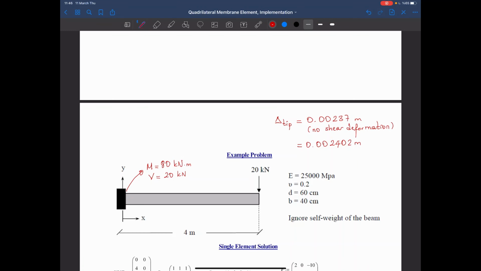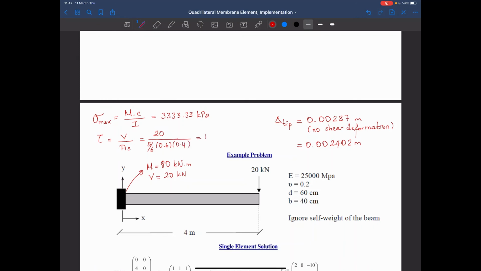So at that support, if I calculate the stress, the axial stress is equal to Mc over I. You calculate the I, and then from that we'll obtain the stress as 3330 kilopascal, and the shear stress is equal to shear force divided by the effective area, and that's equal to 20 divided by 0.6 and 0.4.